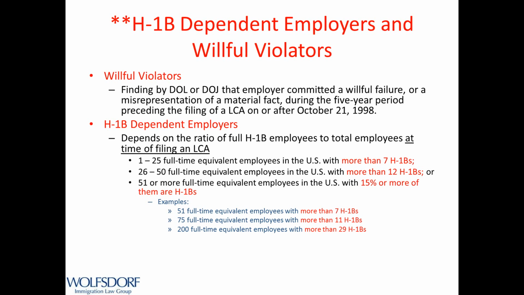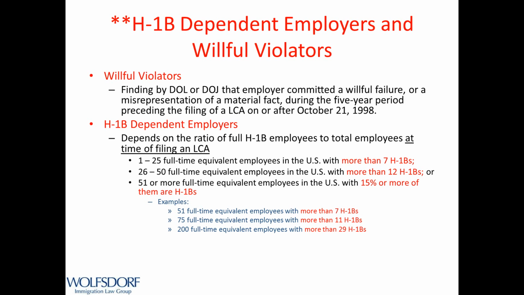The magic number to consider is whether you have 50 full-time equivalent employees versus 51 or more, because the ratio changes. As you can see from some examples down there, you drop down to 51 to 75, for example. You can't have more than 11 existing H-1Bs on the payroll.